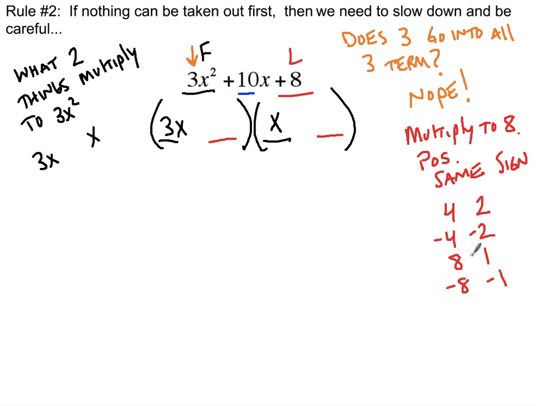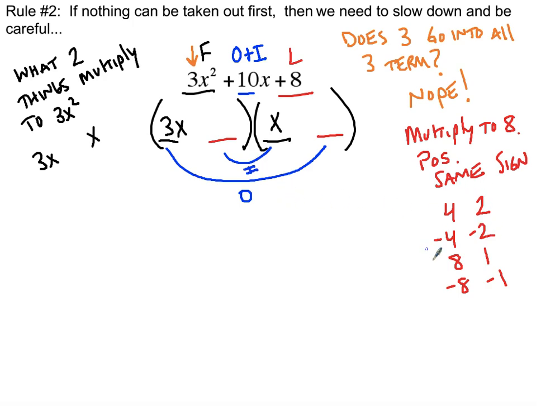The reason why is because we've got this 3x and this x that's kind of messing things up a little bit. What we have to remember is that this middle term is made up of the outsides and the insides together. The outside 2 are these 2, and the inside 2 are these 2.